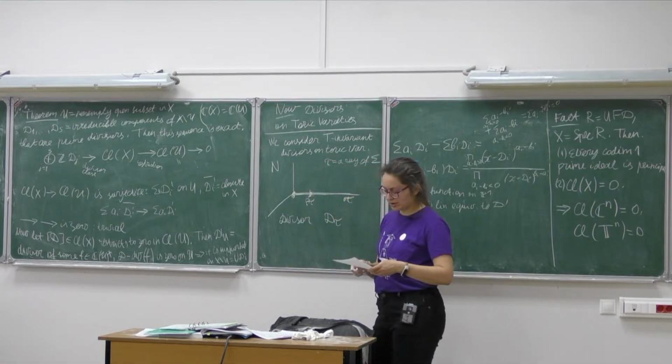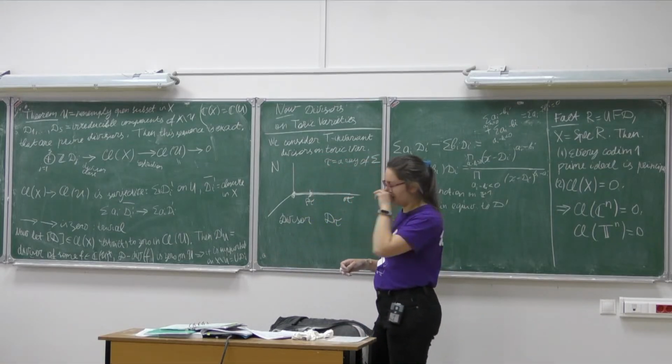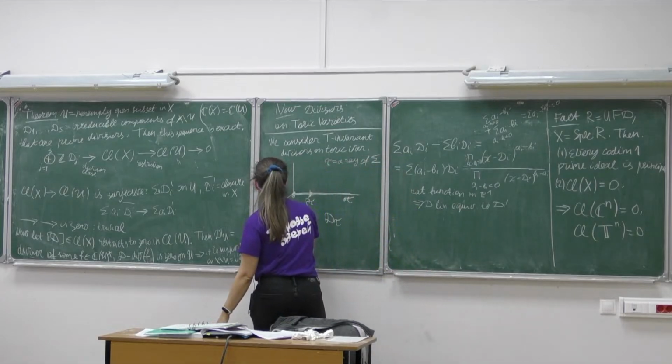Now, what are principal divisors on a toric variety?